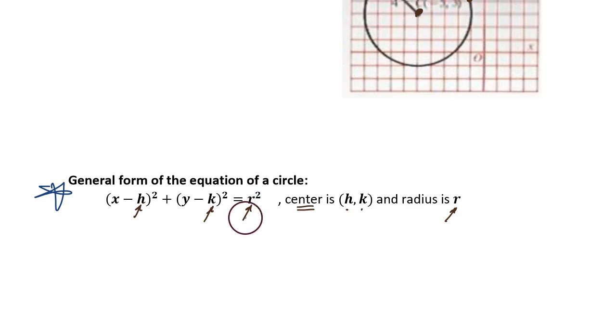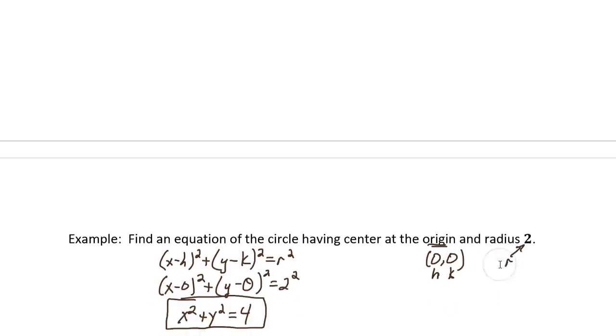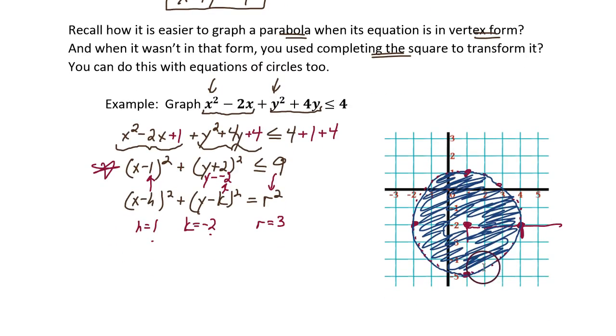So one skill is if you're given numbers for h, k, and r, substitute them in there to make an equation. The opposite skill is if you're given an equation, can you make the graph? If you ever have an equation that's not in the general form, you can rewrite it using this completing the square technique that we saw in this example.